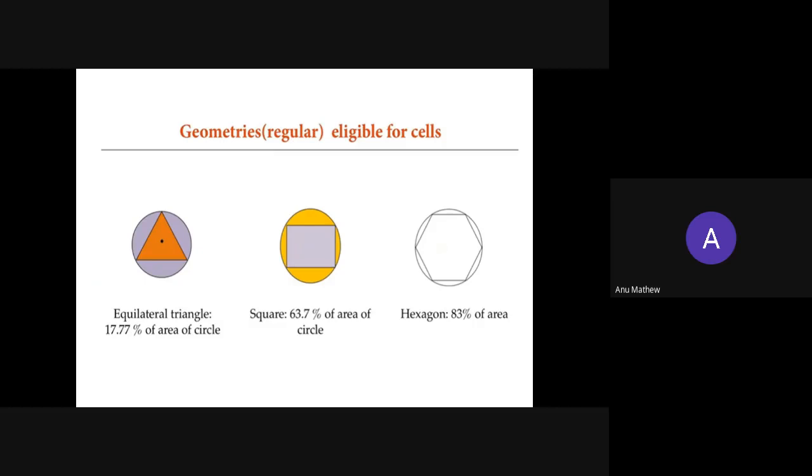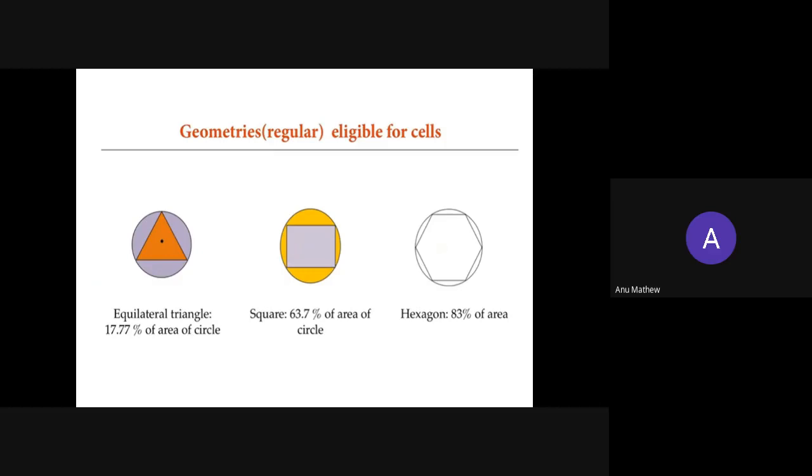Now in the first case, equilateral triangle, only 17.77% of area is covered by a circle. So this circle represents the radiated power from the isotropic antenna. So when we are taking the equilateral triangle, only 17.77% of area is covered by the circle. Also, again we are placing the triangle here, then the interference will also be more. Second one is square.